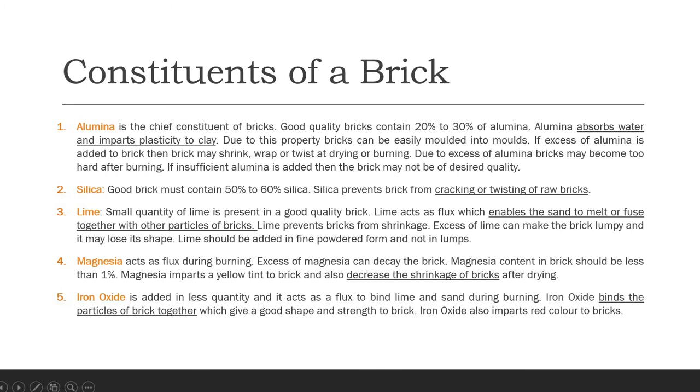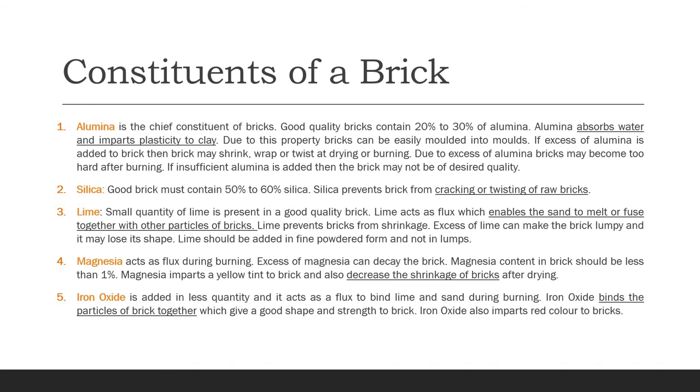So brick. What are the constituents of the brick? The brick is made up of these five constituents. Alumina is basically 20 to 30%, and the main role of alumina is to absorb water and impart plasticity to the sand. Whereas silica forms 50 to 60% of the brick, and it prevents the raw bricks from cracking or twisting.